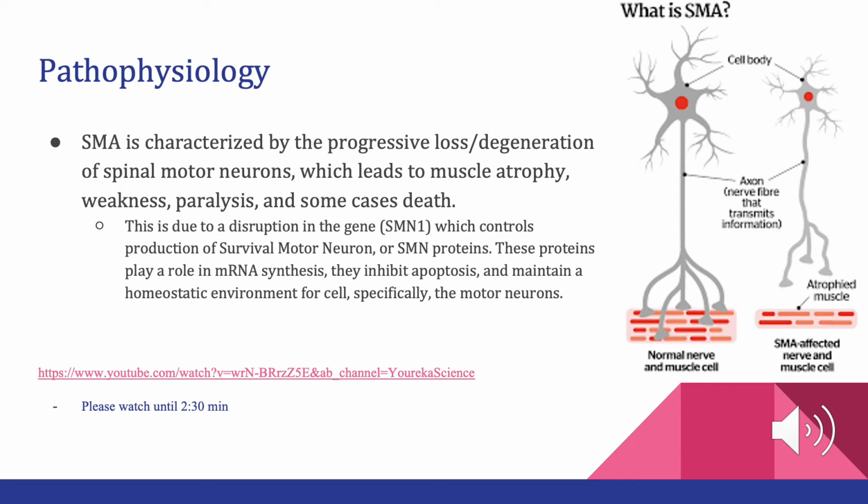How much functional survival motor neuron protein can you produce? Now, in a lot of cases, the amount of SMN protein that the SMN2 gene can produce is sufficient to sustain survival. But a lot of times patients are still left with neurologic symptoms because of the decrease in these proteins that help with motor neuron health.